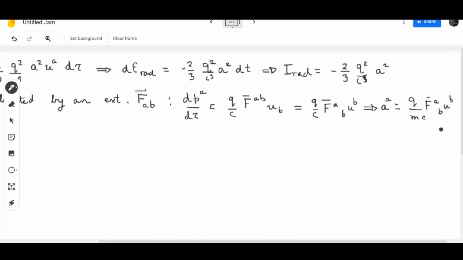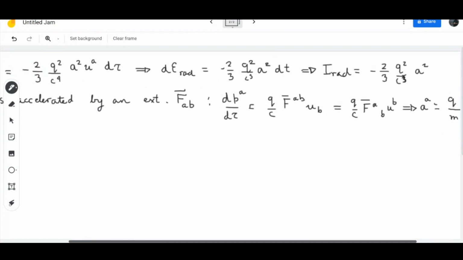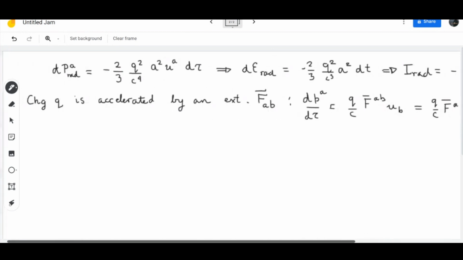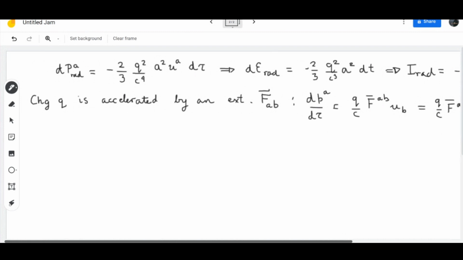So now, given that acceleration, what I can do is I can then try to find out the intensity of radiation just by plugging in A here. Okay? So just by plugging in A here, I can find out the intensity of radiation. And I wanted to do that for you because there are some special cases of interest.